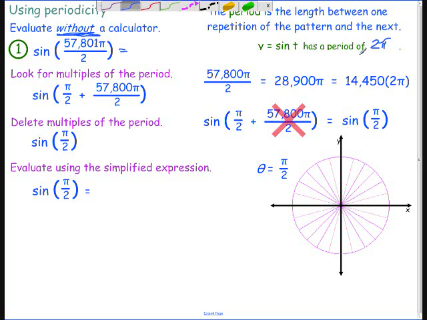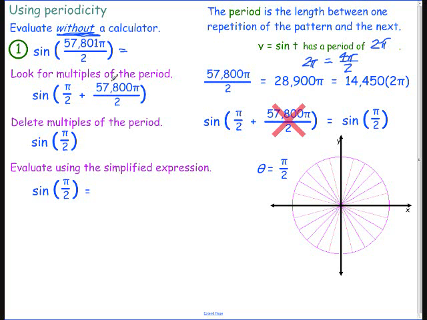So we've got this over 2. What would 2 pi equal if I did this? If I multiply the denominator by 2, I have to multiply the numerator by 2. That would be 4 pi.